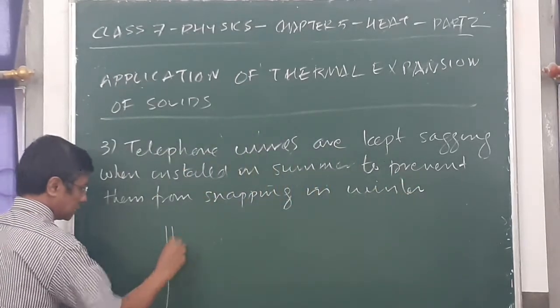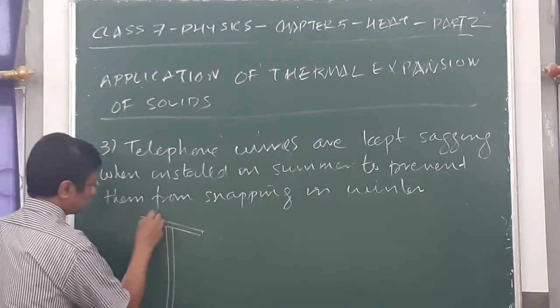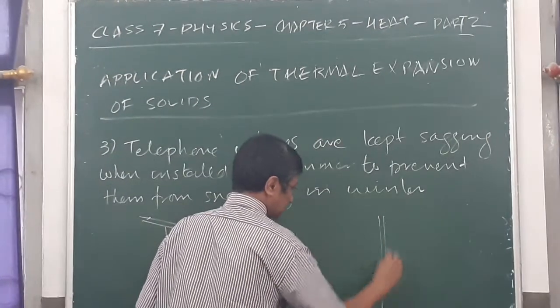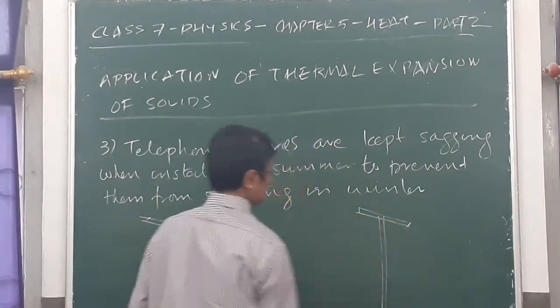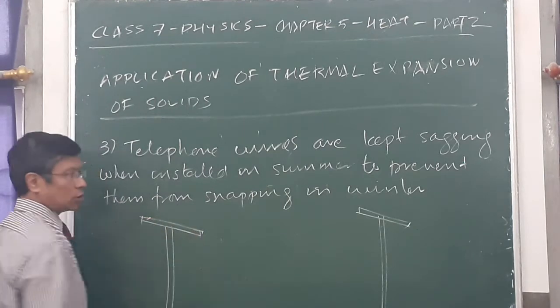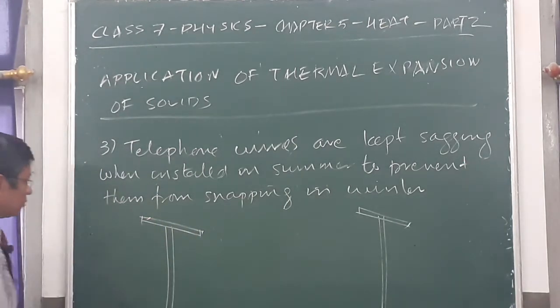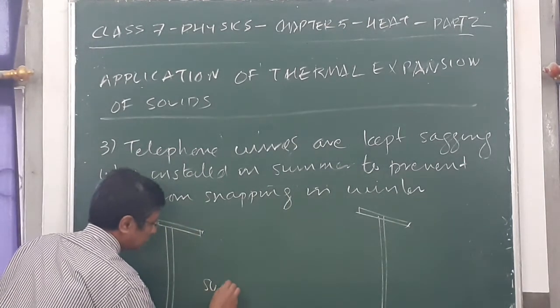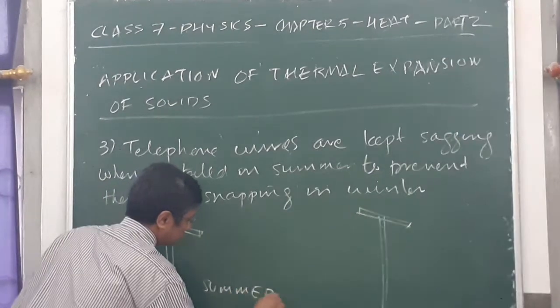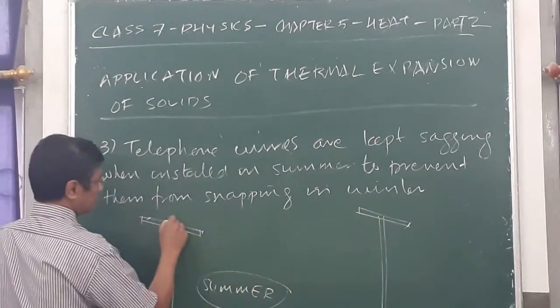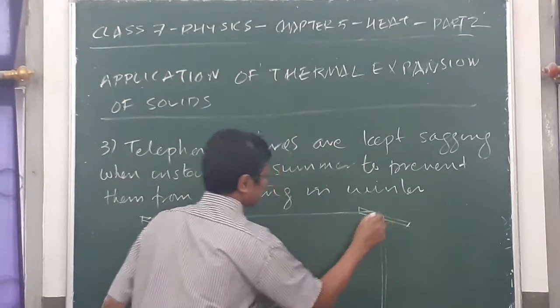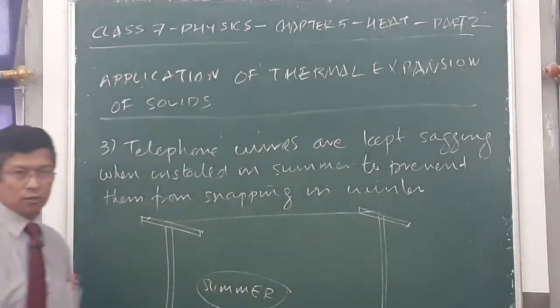So, let us say this is a telephone pole across which wires are strung. If you are installing this telephone pole during the summer season, you do not install the wire in such a way that it is tight across the two poles.